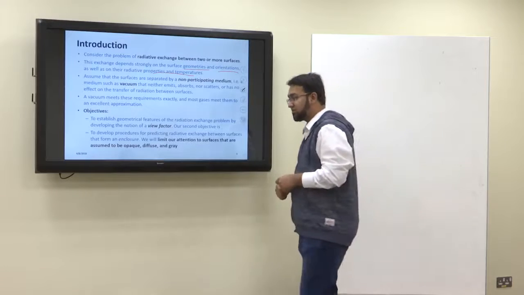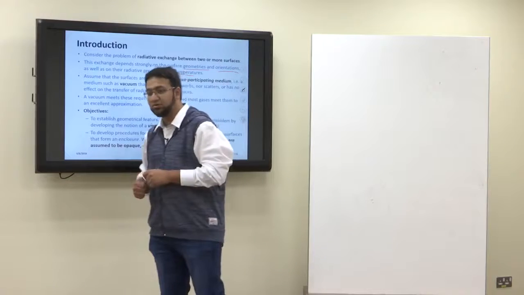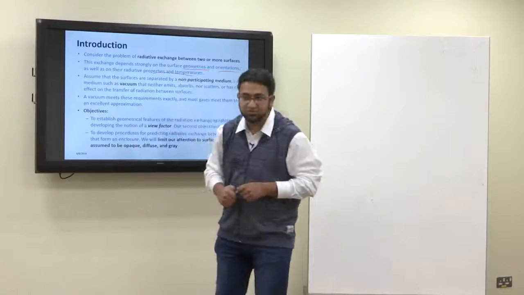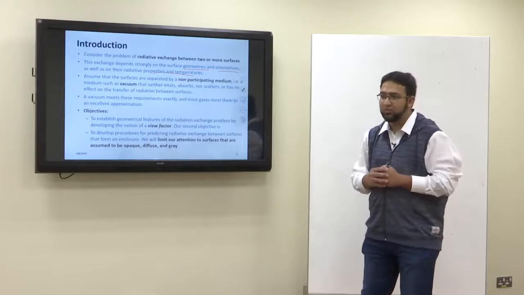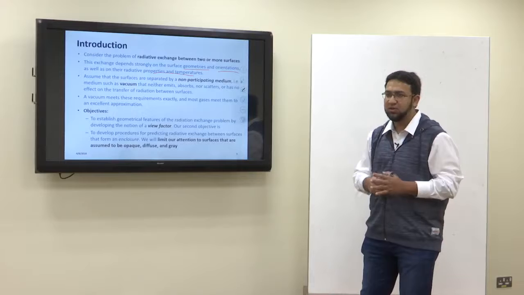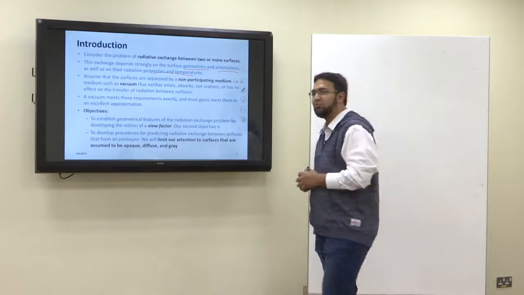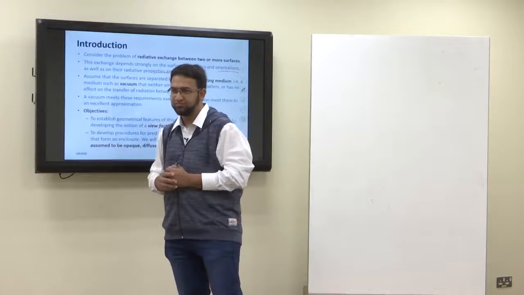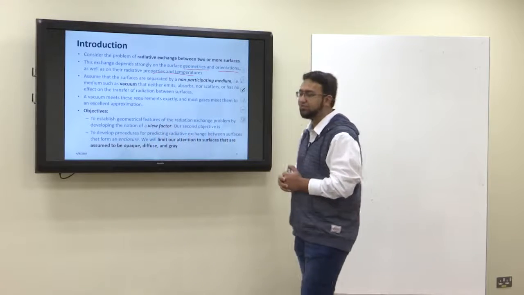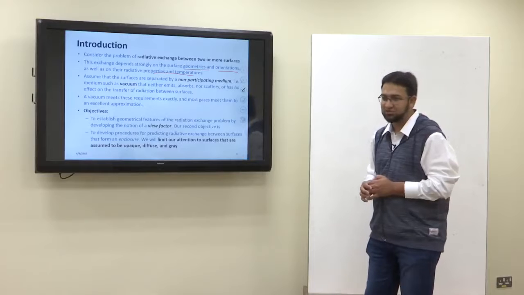Now, in our analysis, when we consider the radiation exchange between bodies, we assume that in between there is vacuum. Actually, there is not vacuum, air is there, but air poses a very minimal amount of resistance to that radiation transfer. Okay. So we assume that it's not posing any resistance.